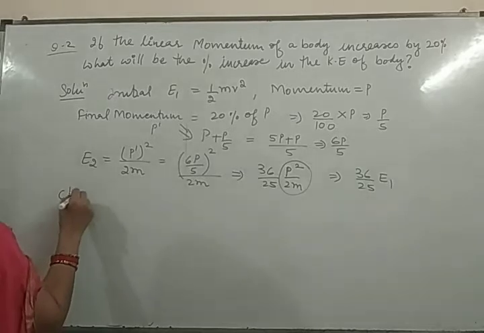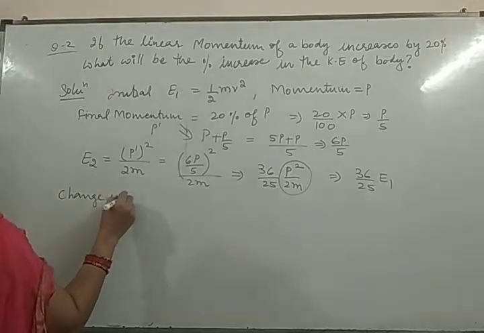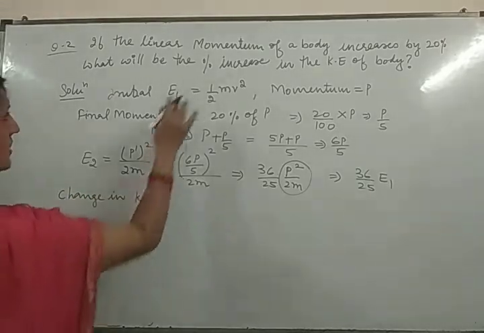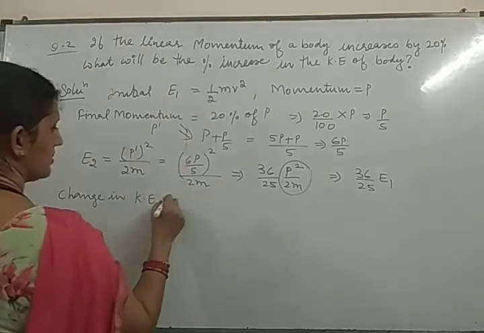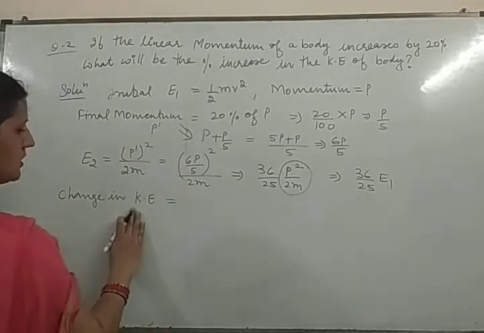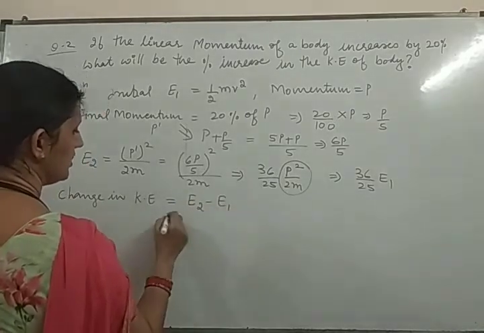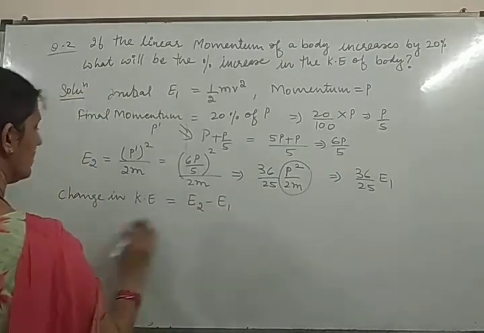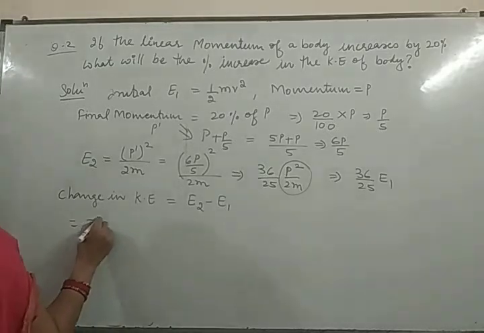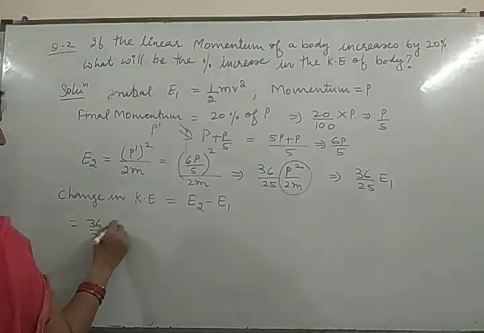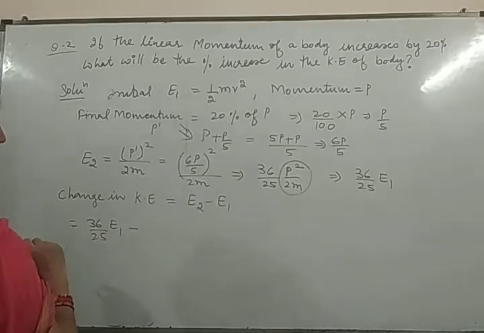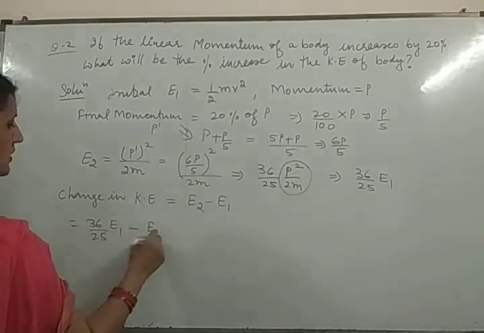Now the change in kinetic energy, because the percentage change is asked from you. So change in kinetic energy will be final kinetic energy minus initial kinetic energy. Final kinetic energy is what? This is 36 by 25 E1 minus the initial kinetic energy E1.